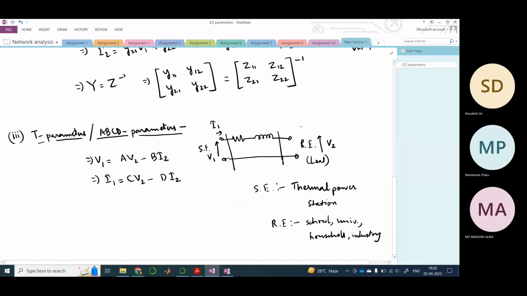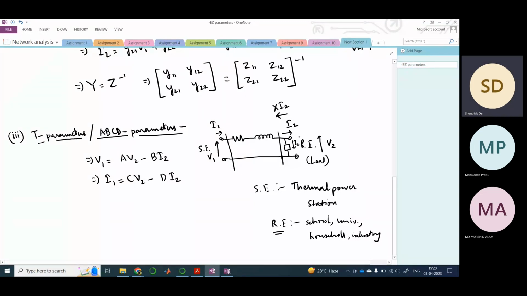Here, the loads at the receiving end will always draw the power. Therefore the current will always flow into the receiving end and not towards the sending end. Logically the load will draw the current, because you are connecting a load here, so it will just draw the power.